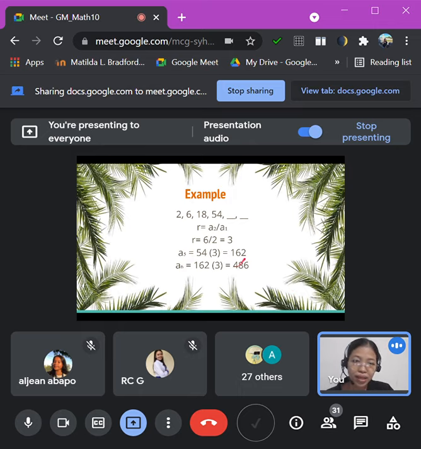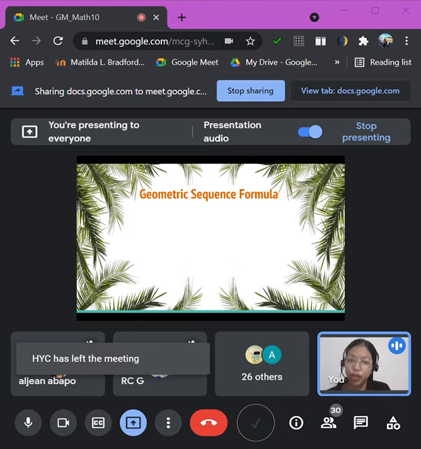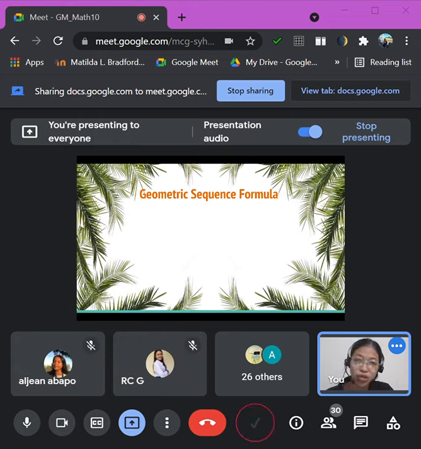Now, this time, we have here our geometric sequence formula. So aside from using that for the next terms, this one can be used if we are going to find unknown terms or kanang dili jud nato manually ra og multiply.